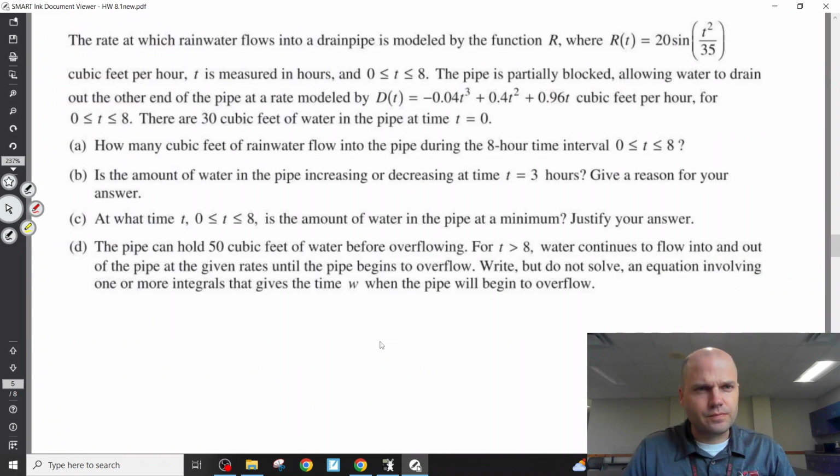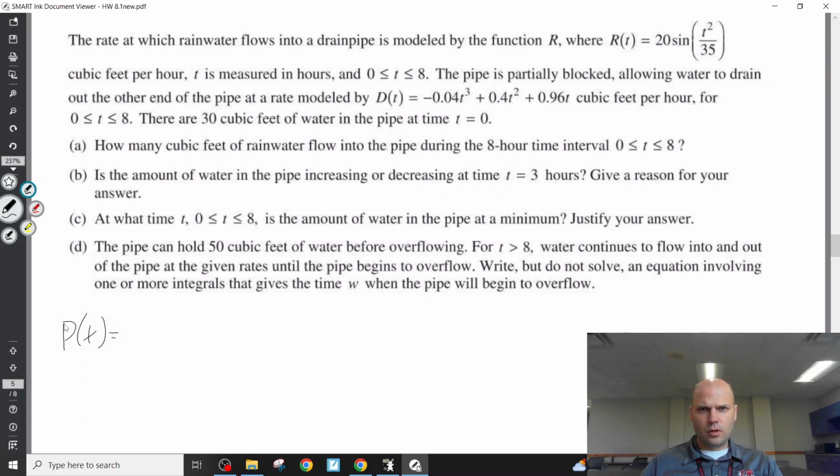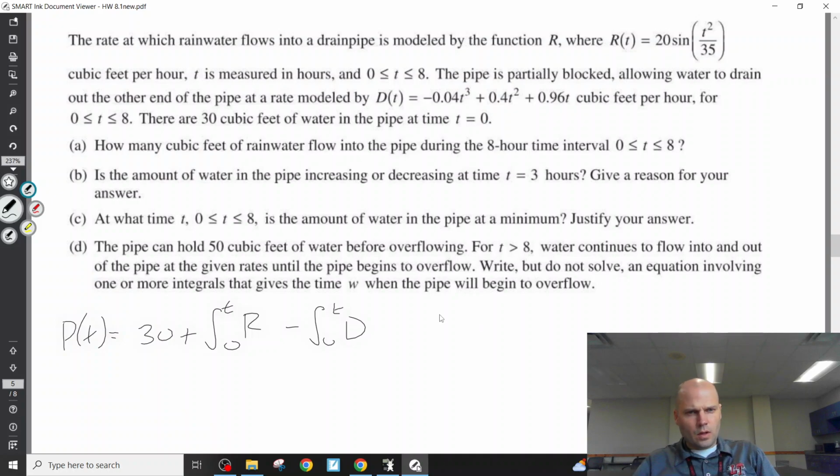Change locations. We did this problem in class, so let me show you how to do it really quickly. Here's our population. Rate in, rate out.